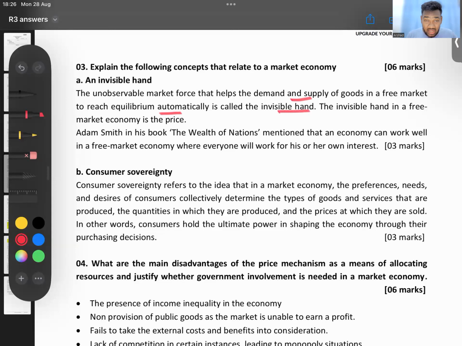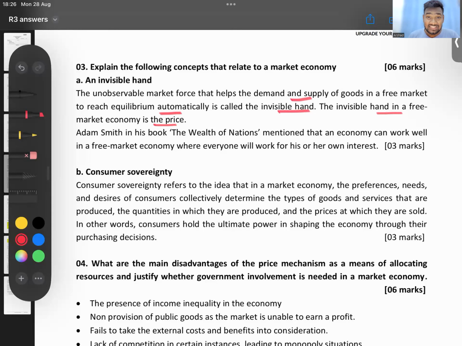So what is the thing that helps demand and supply reach equilibrium? The price, right? See, unit number 2. Here we say the invisible hand in a free market economy is the price.